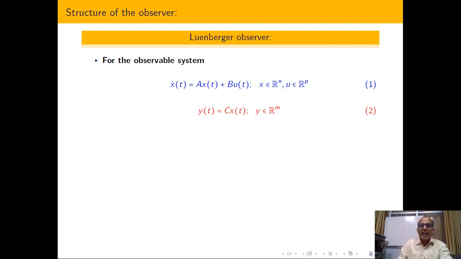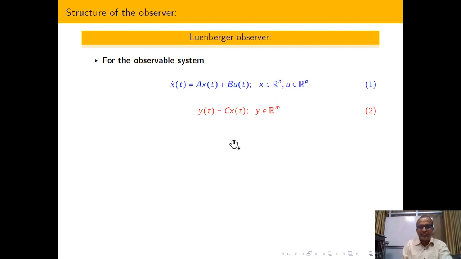So I have the system x dot equals Ax plus Bu and y equals Cx. I am assuming that this system is observable. It means I have to check the observability condition, and you are already well aware that I have to form a matrix in terms of A and C and check that the matrix has full rank.